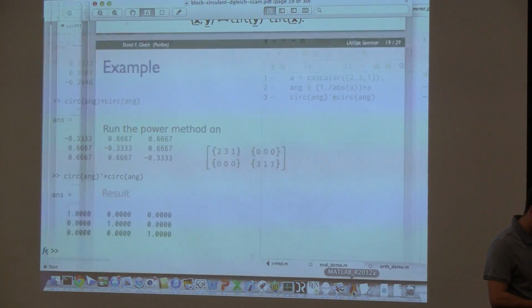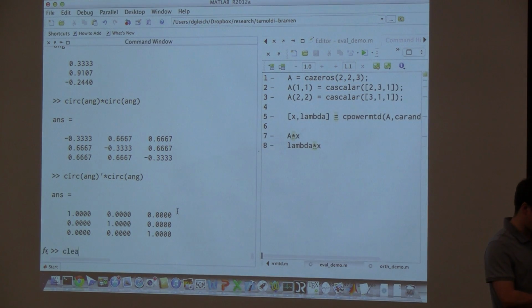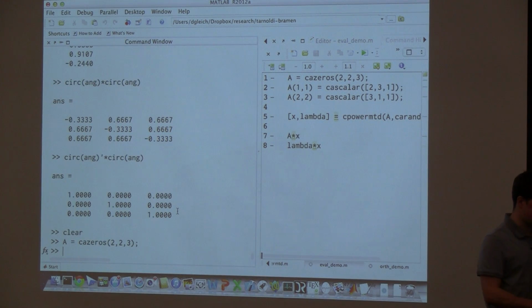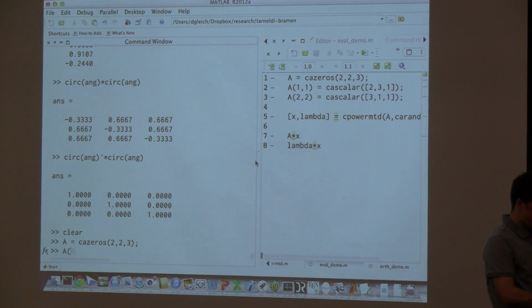And let's just do it. We have all of this stuff coded up in a Matlab package. So I'm going to clear my environment. I'm going to initialize a 2 by 2 by 3 circulant matrix. I'm just copying from the left over here so I know what to write. I'm going to set the 1, 1 entry to be CA scalar of 2, 3, 1.